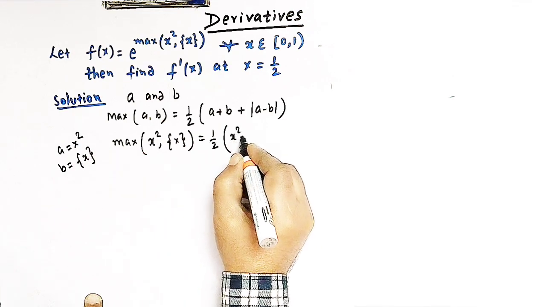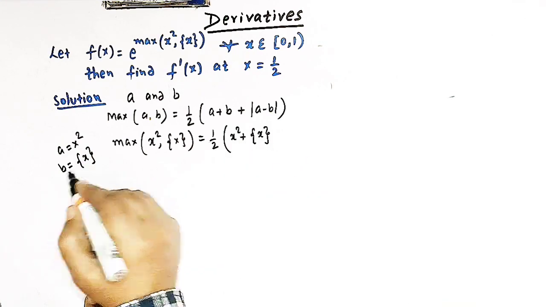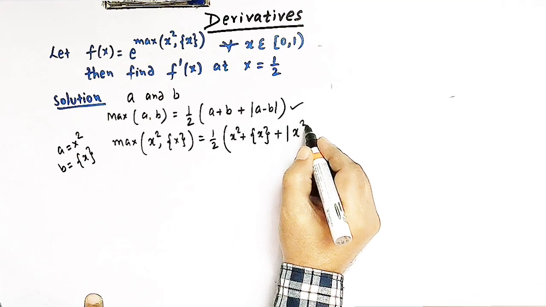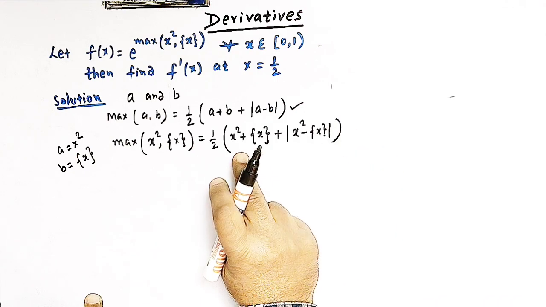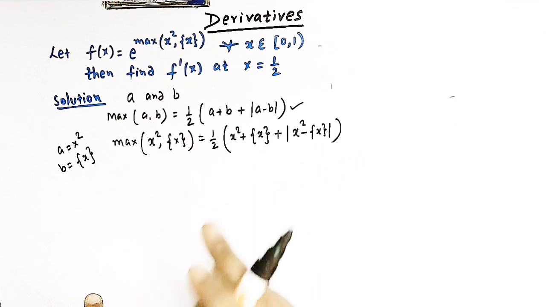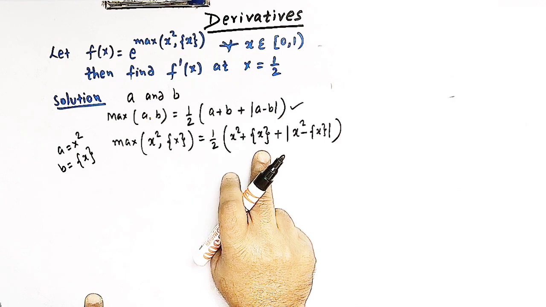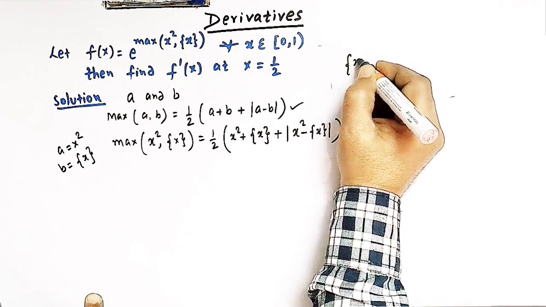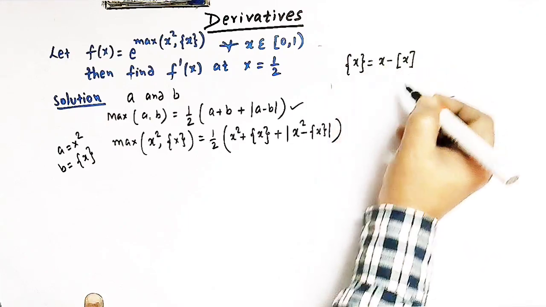So we have x square plus fractional part of x, substituting the values of a and b in this result, and then we have a mod of x square minus fractional part of x, right? So now we have to simplify this expression, and here we'll make use of the definition of fractional part of x in terms of greatest integer function. So the fractional part of x is defined as x minus greatest integer of x.